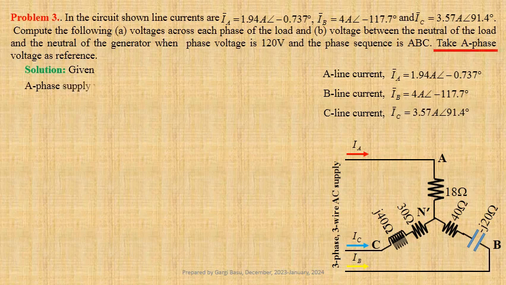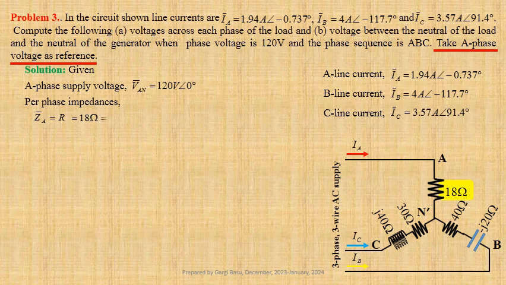Taking A phase voltage as reference, we can write VAN equals 120 volts at an angle 0 degree. Per phase load impedances ZA equals R, that is equal to 18 ohm. This may be written in polar form as 18 ohm at an angle 0 degree.